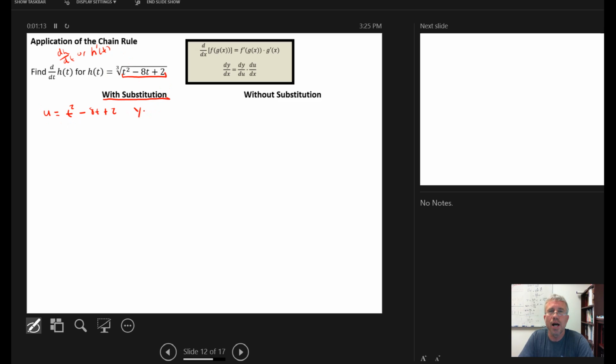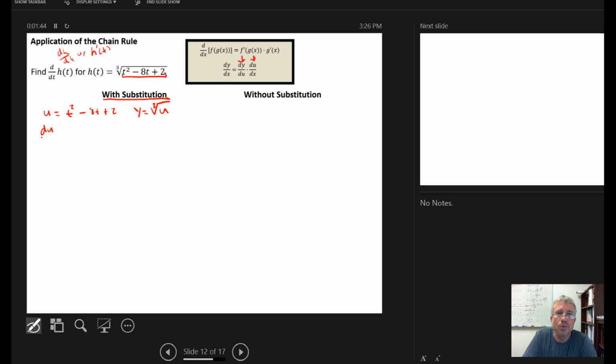So we would have y equals the cube root function, and inside of the cube root function is the u, because we did the u substitution. And then the derivative is going to require that we know dy du, and du, in this case, it won't be du dx, it'll be du dt. So we want to find dy dt, or dh dt. So I'm going to need to know du dt.